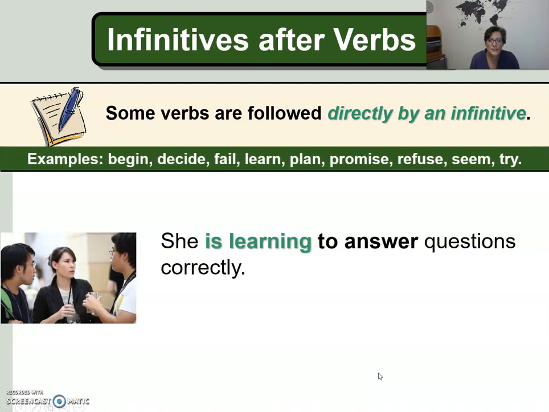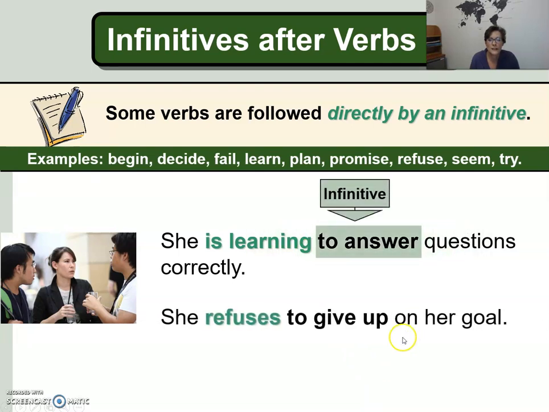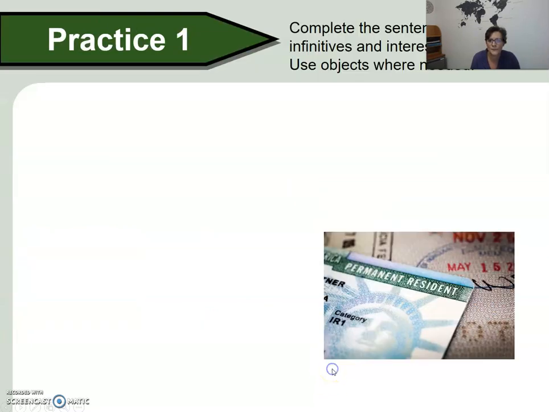Here are some more examples. She is learning to answer questions correctly. She refuses to give up on her goal. Notice that learn and refuse are both verbs that take infinitive verb forms after them.